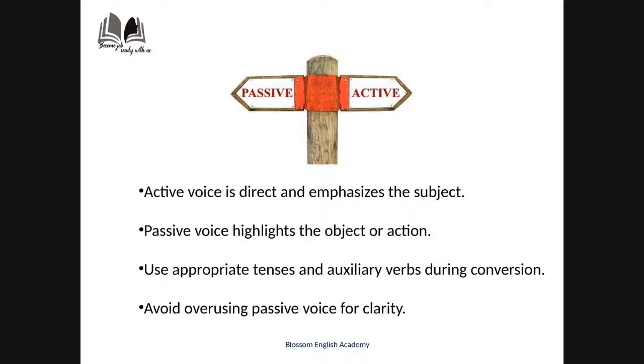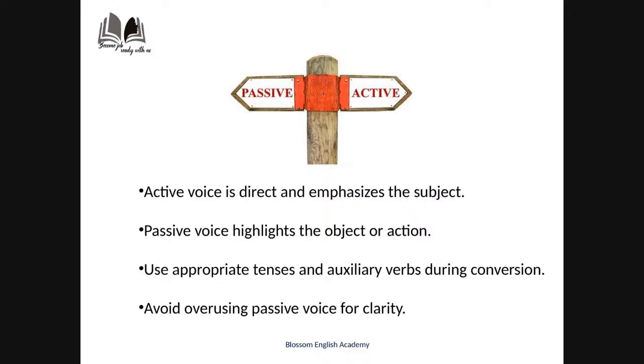Whoever does it, or whoever has already done it, is not important. We just want to know if the action was completed, and if the object has received a particular action or not, and whoever is doing that is of less importance.